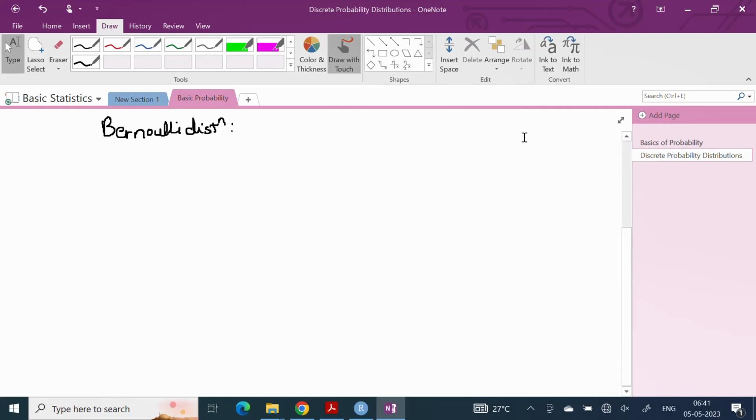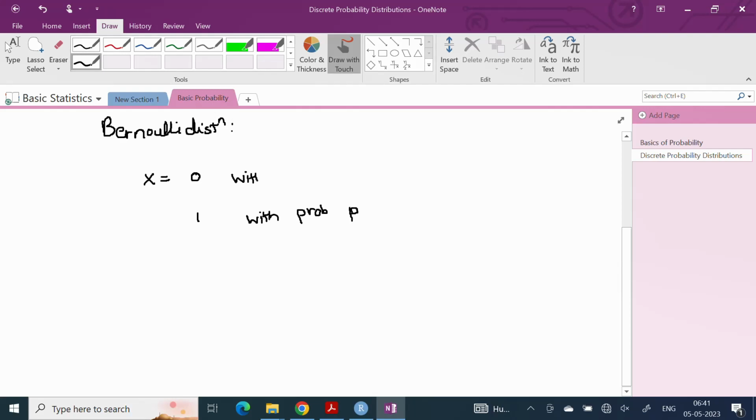Suppose I have a random variable x which takes only two values. X can be either 0 or 1. We will say x takes value 1 with probability p, and then the remaining probability has to be for 0 because these are the only two possible values.